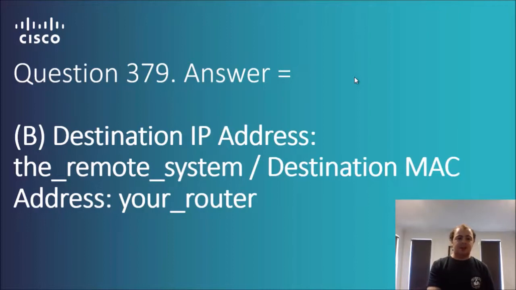So the destination IP address stays sort of the same. As far as the MAC address goes, that will be the MAC address of your router. So obviously the destination IP address will be the remote system, being that that's where the data is going to. And the destination MAC address won't be the remote system, it will be your router, because that's the last bit of communication before the remote system.